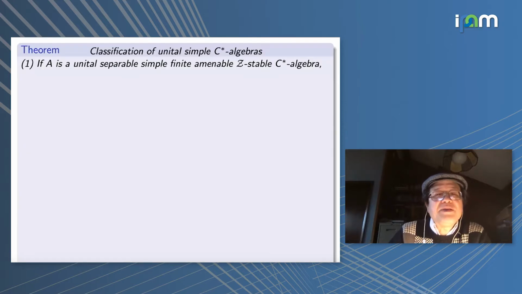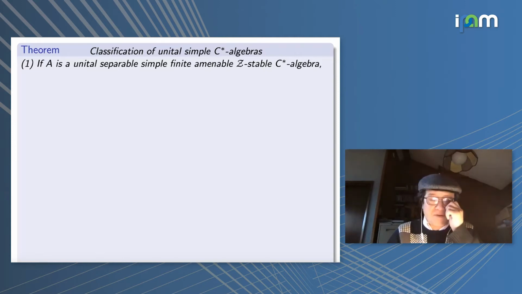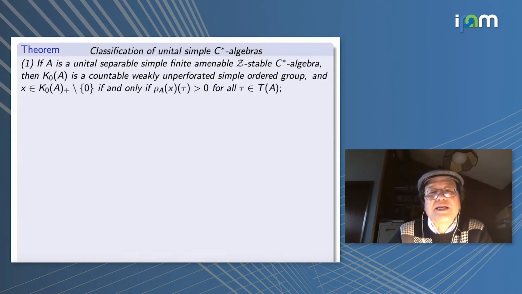Okay, let me mention this theorem, classification of unital simple C-star algebras. Lots of people have contributed to this, but let me summarize it slightly differently. Say I have three parts. The first part is the description of the invariant. It basically says that there is only one restriction, on K0.